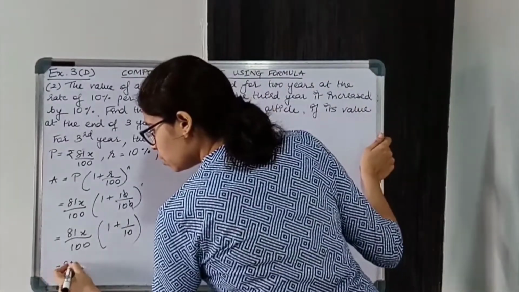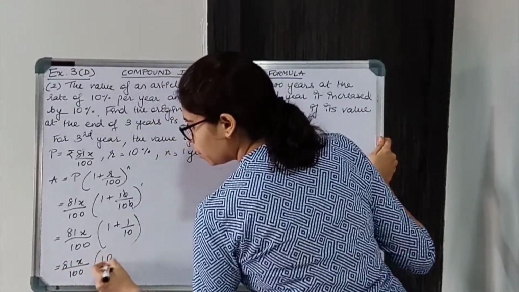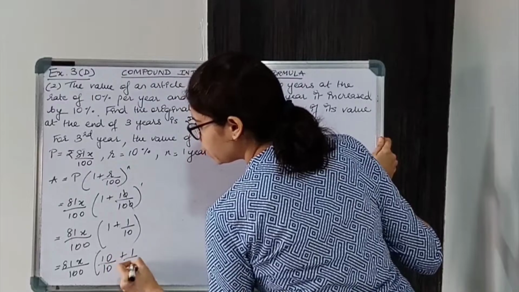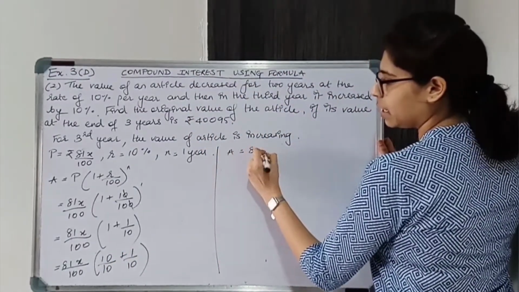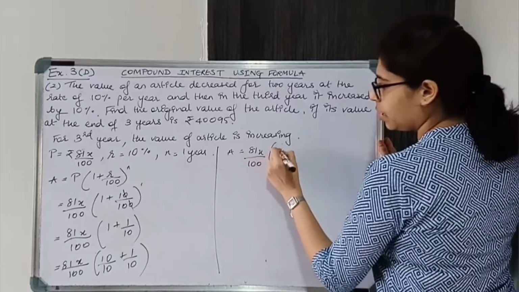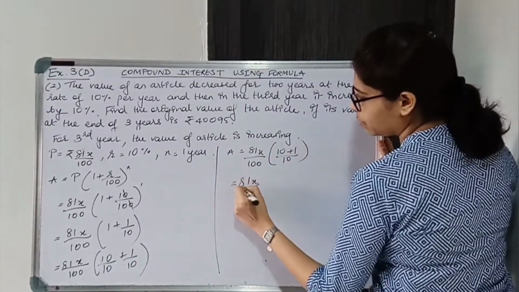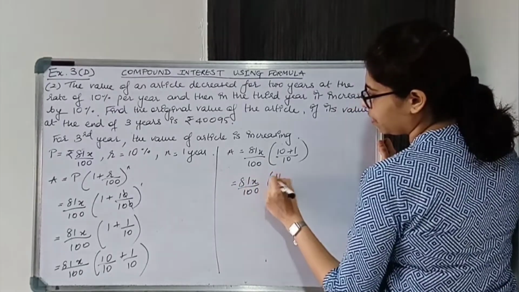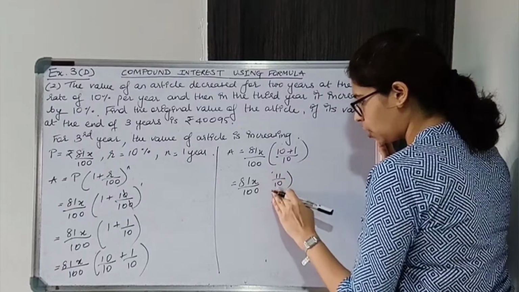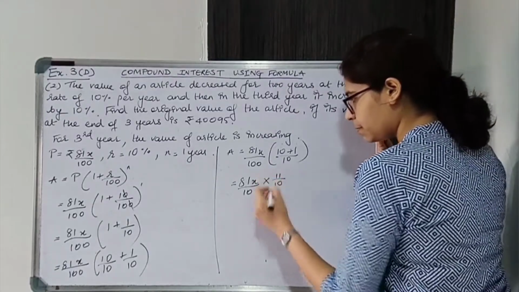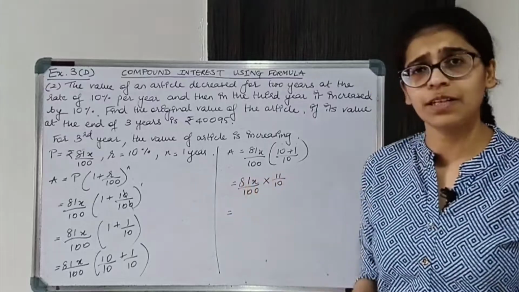So 81x upon 100 into 10 plus 1 upon 10. So we get A is equal to 81x upon 100 into 11 upon 10. Now we can remove the brackets. Now don't multiply this.